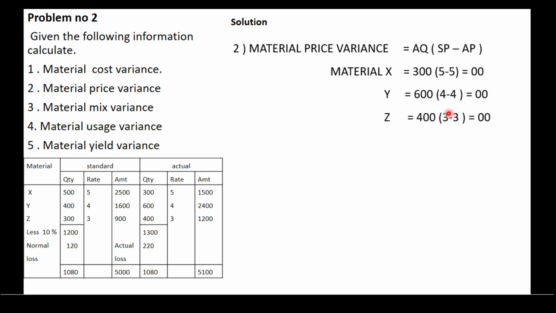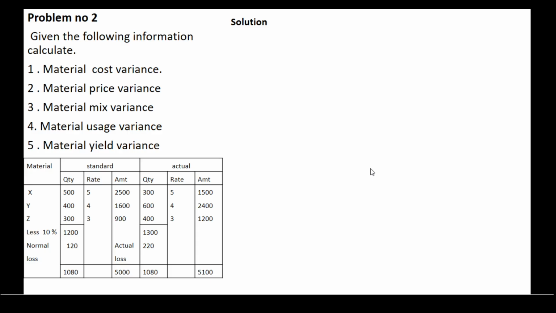And the next one is the calculation of material mix variance. This material mix variance is calculated by using the formula: standard price into revised standard mix of actual input minus actual mix. So here the standard mix is in the problem.